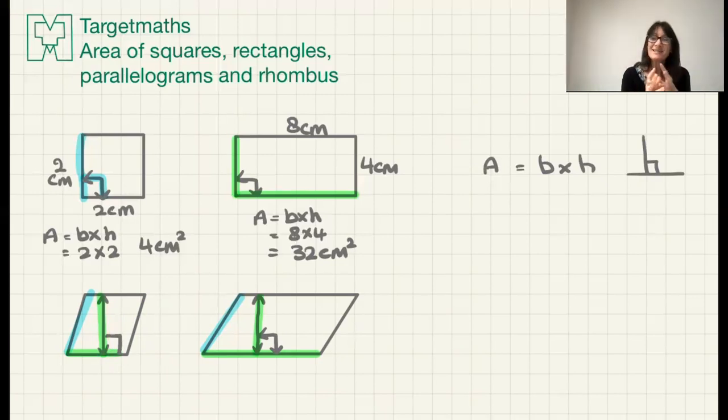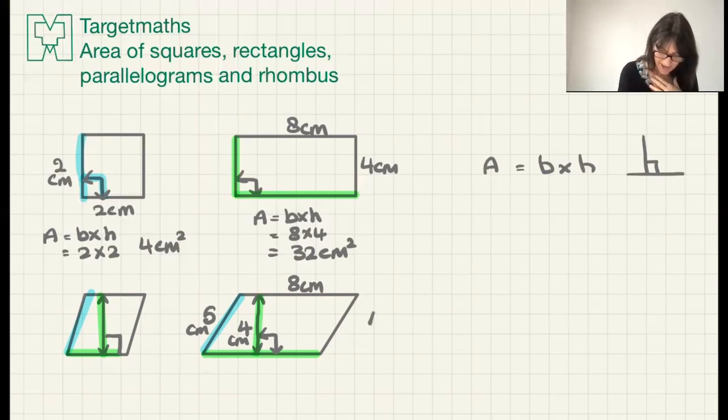It wouldn't matter if they put numbers all over the place. Let's just do the parallelogram first. If I had 8 here, 5 here, 4 here, centimeters. If I'm confident that I can recognize my H for height, I can point my right angle at the two edges, the two numbers I want to use, then hopefully it shouldn't go wrong.